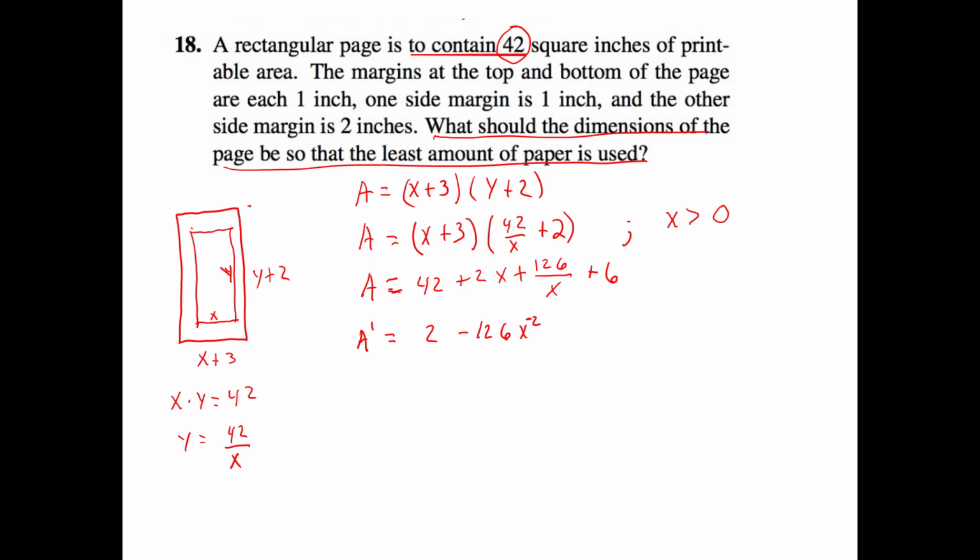Bring down the exponent, that makes it a minus, take 1 away from the exponent. Plus the 6, that goes away. To find the critical numbers, we figure out what makes this 0.